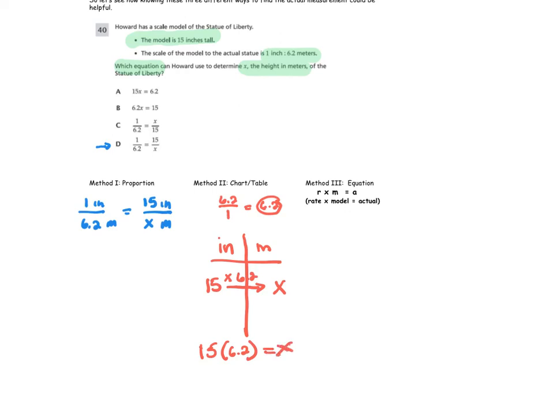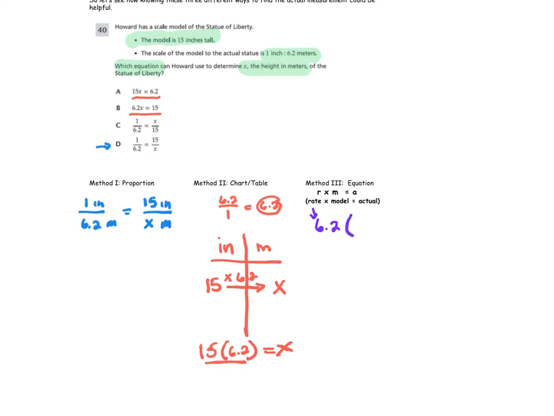So now let's stop and see what they've given us in A and B. I see 15 times X, and I see 6 2/10 times X, but I do not see 15 times 6.2, so I don't think those equations are going to work. Let's just double check one more time. Let's work with the actual equation. So if we're working with this equation, we would put the rate, which we know is already 6 2/10.